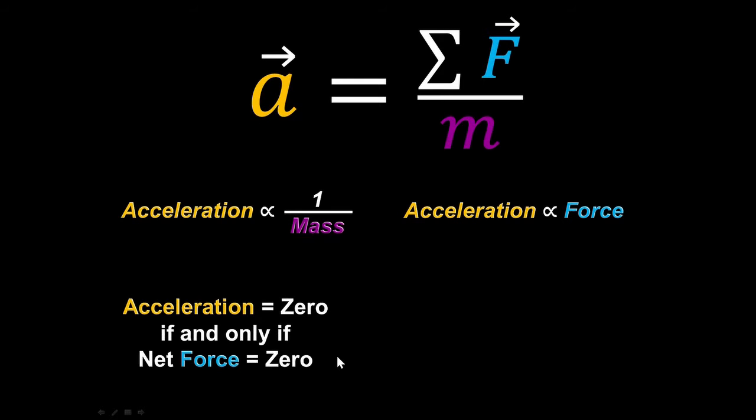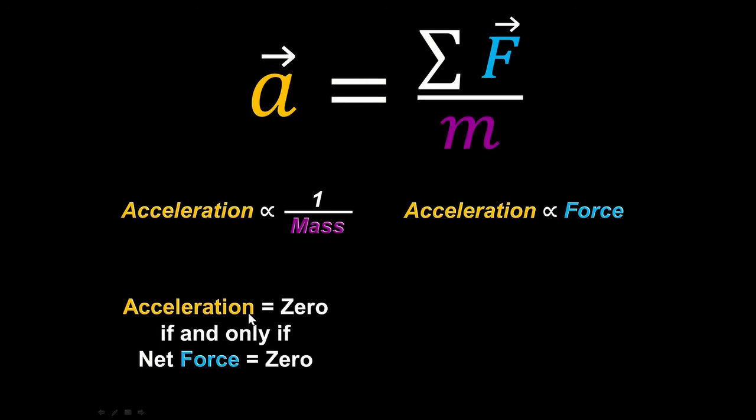All right, the third thing we want to look at is acceleration will equal 0 if and only if the net force is 0. Now let me explain what I mean by this "if and only if." This is an if-then statement that goes both ways.